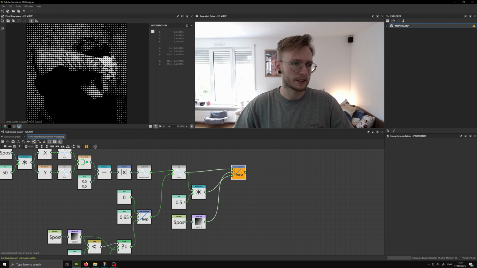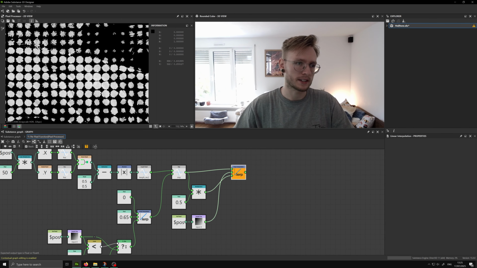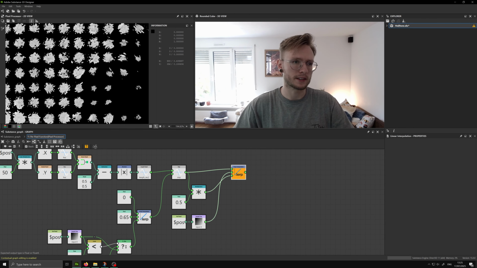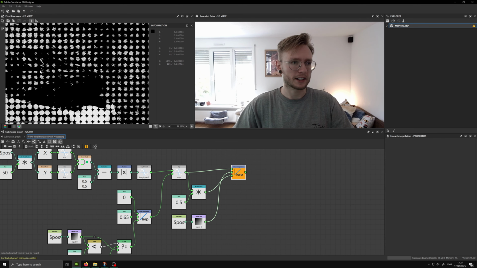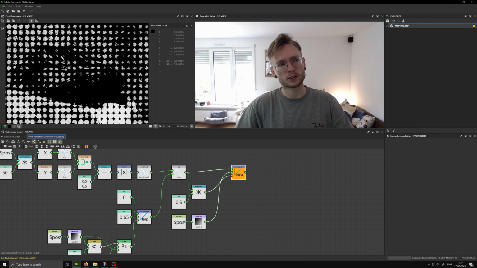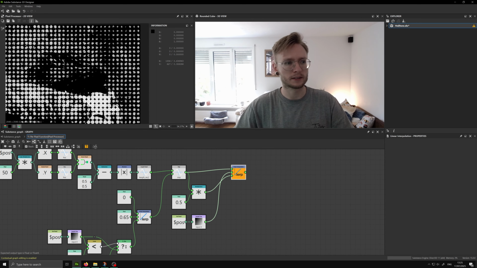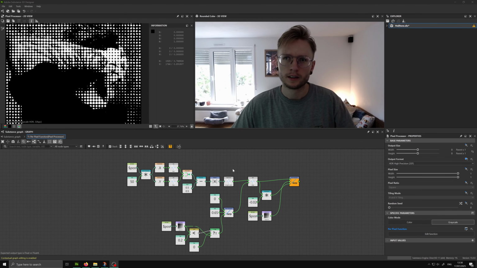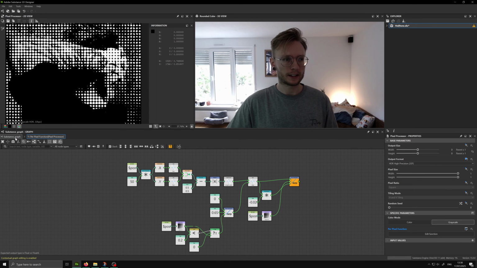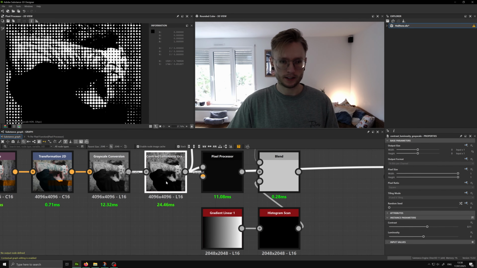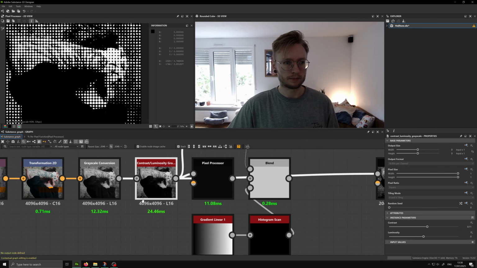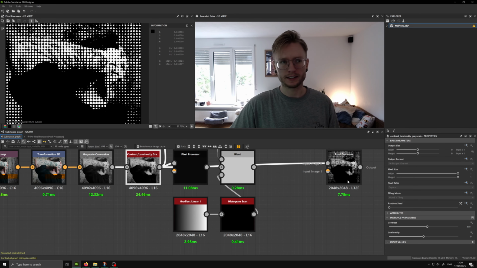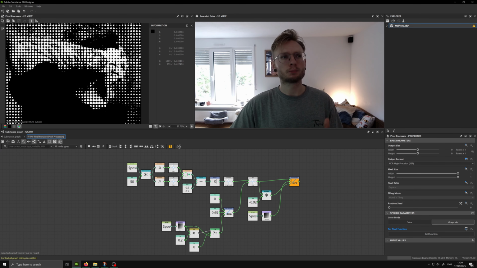There is one thing that I noticed while I was recording this: it's very noisy in these points here, which is actually a very artistic and cool side effect that I didn't plan on having initially. But the reason for that is that right now we are sampling our input image at 4K in a 2K graph, and each point samples more pixels than it should.